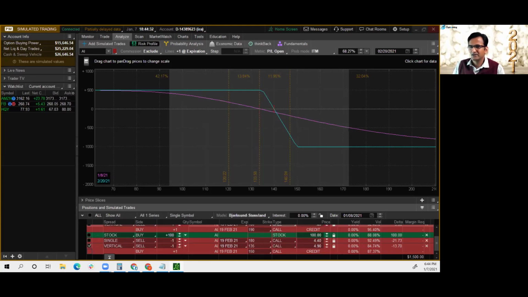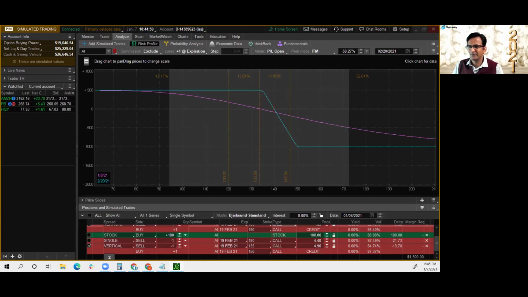I see a question: for a spread, you will have to use market price, correct? If you use limit, you might be able to buy the put but not sell the put at the same time. No, I never use market price in option trading. The only time I use market price is if I'm doing stock. Whether it's a spread or a single option, you should always use limit price.